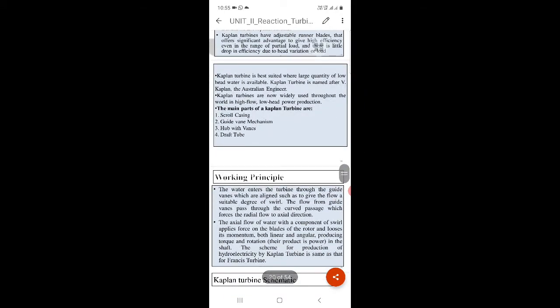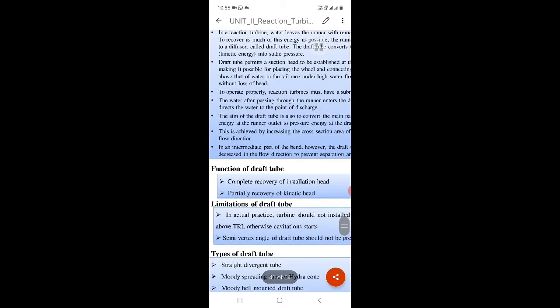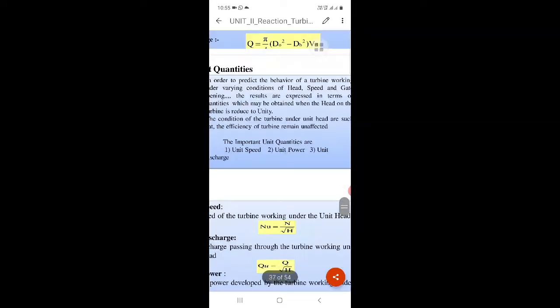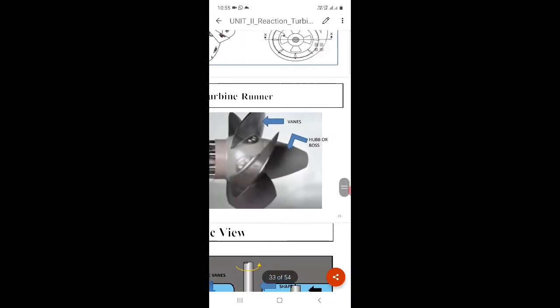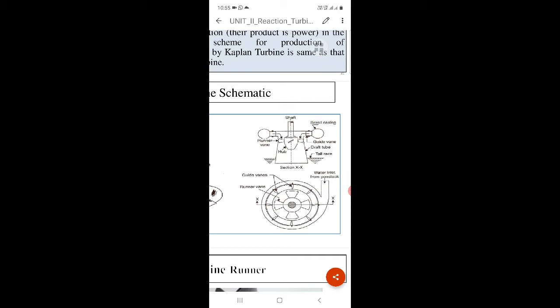So the main diagram, the construction diagram, is similar to this: scroll casing, guide vanes, water coming from the penstock. Only the runner is different as compared to the Francis turbine. So guide vanes, runner vanes.